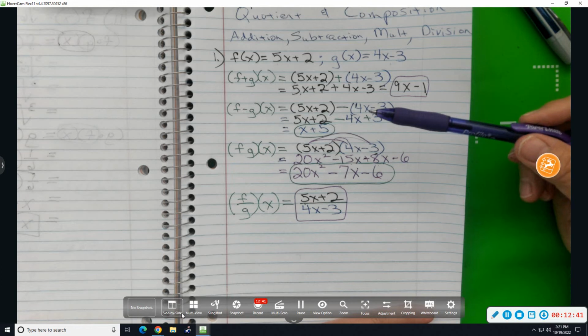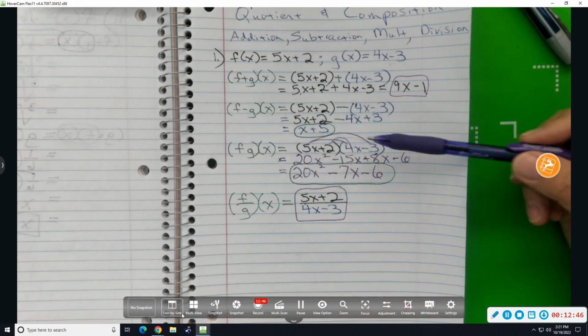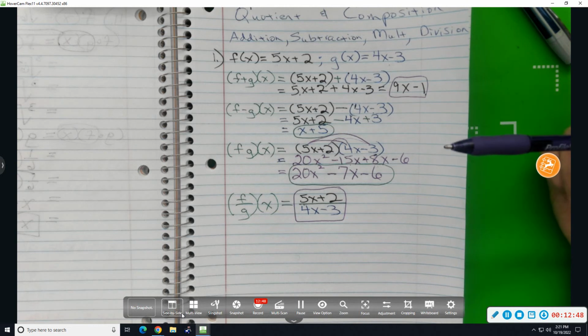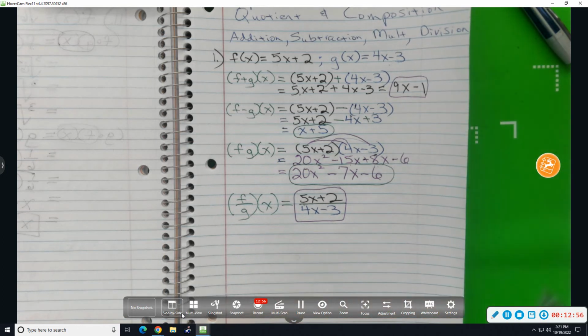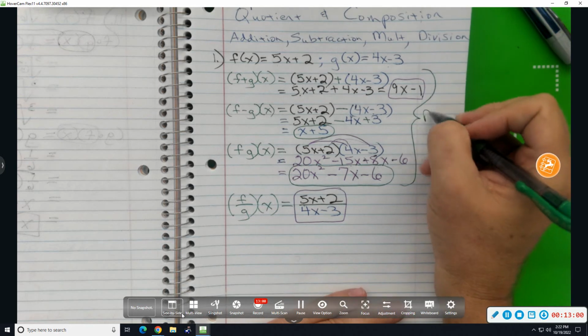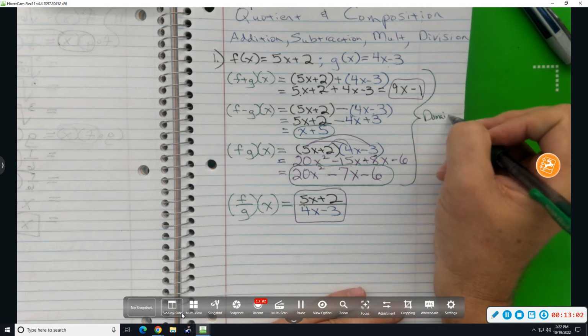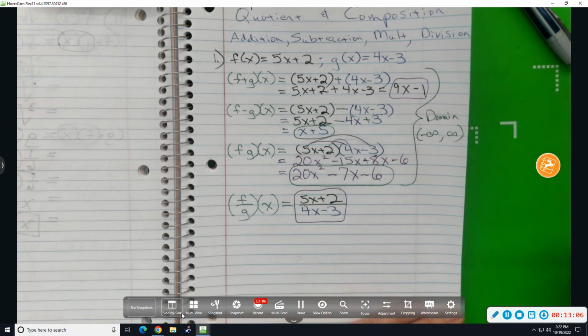Are there any square roots? I don't see any fractions or square roots. Linear functions, the domain and range are both all real numbers. So for f plus g, f minus g, and f times g, the domain is negative infinity to infinity. Any questions on my logic there?